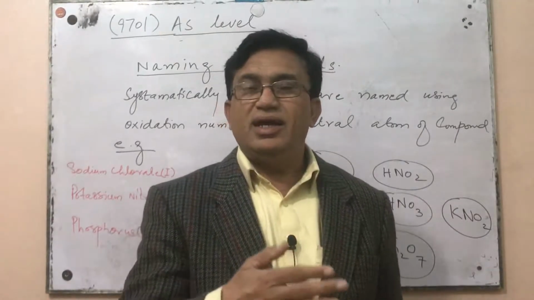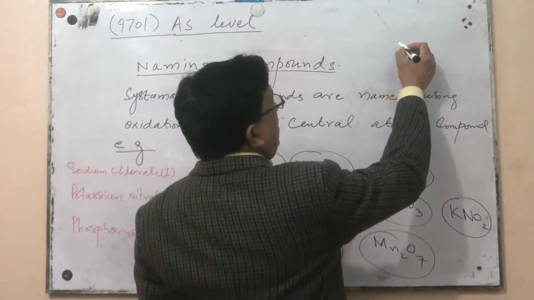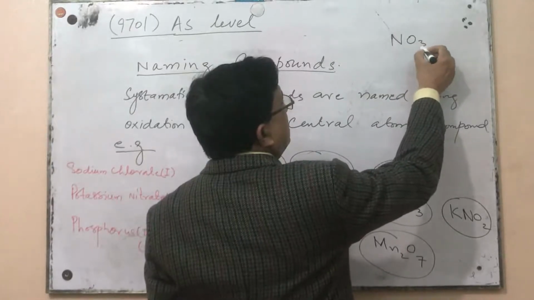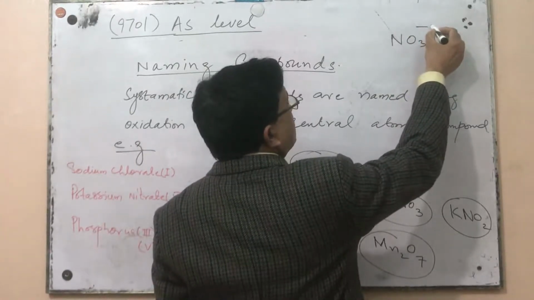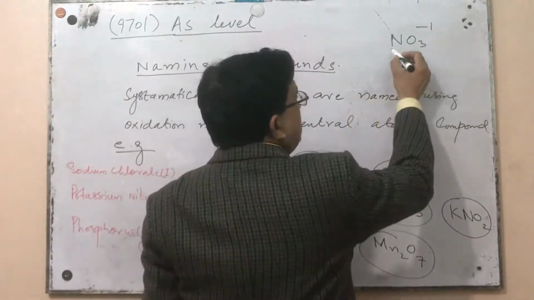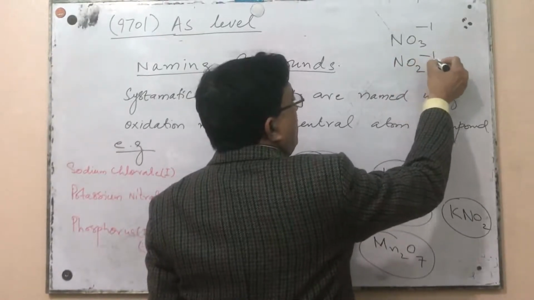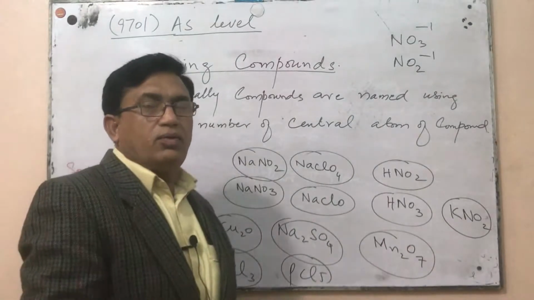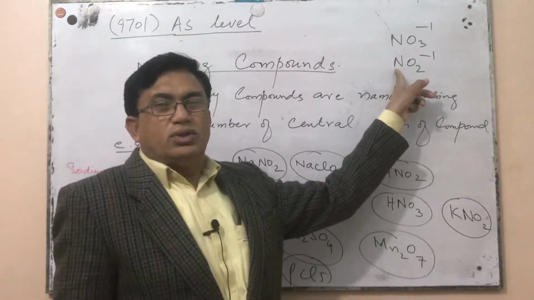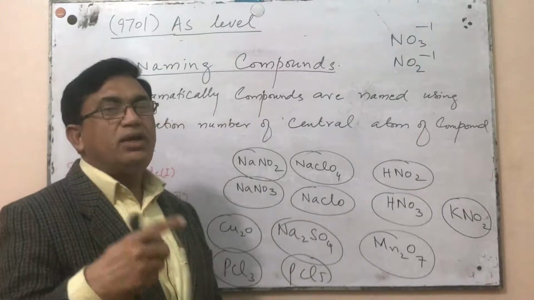For example, if we have a bonding between nitrogen and oxygen, we will call it a nitrate always, either it is written NO3 or NO2. We will mention the oxidation state of nitrogen in a compound, but the overall name will be considered as nitrate.